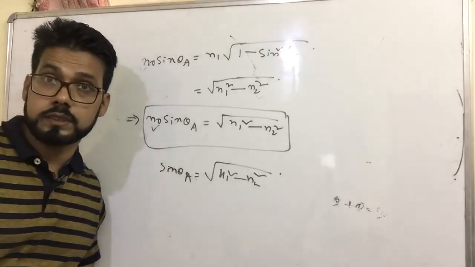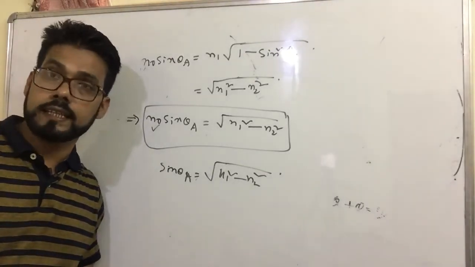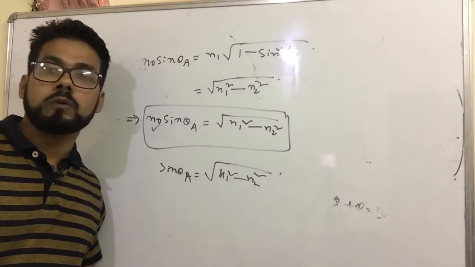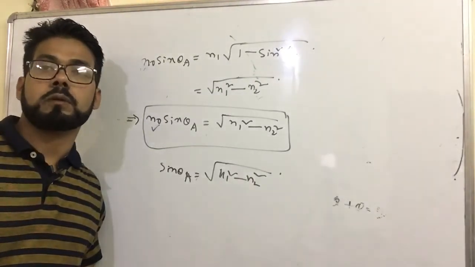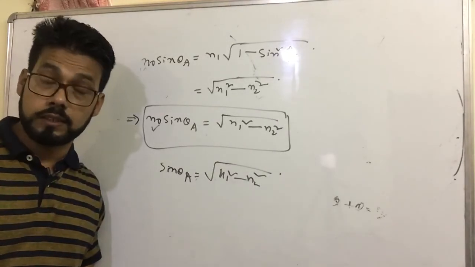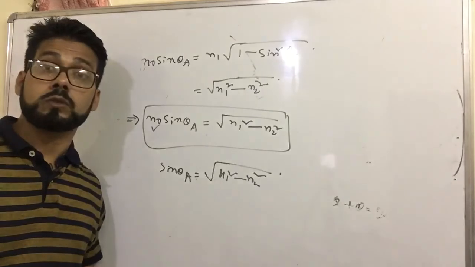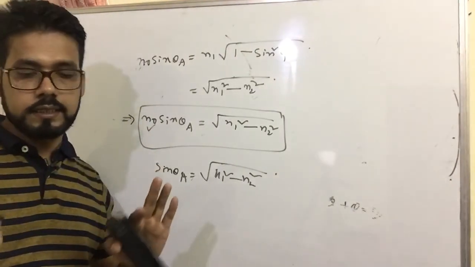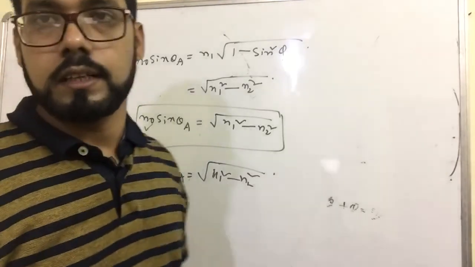Acceptance angle is the angle at which we can allow electromagnetic radiation to fall from the optical source toward the fiber, so that total internal reflection takes place inside the cable. This is called the numerical aperture of the fiber.